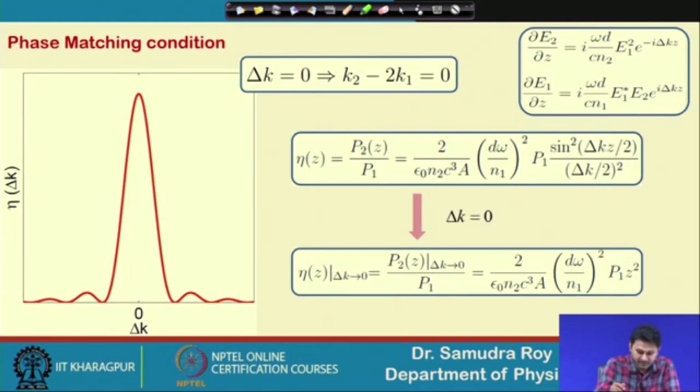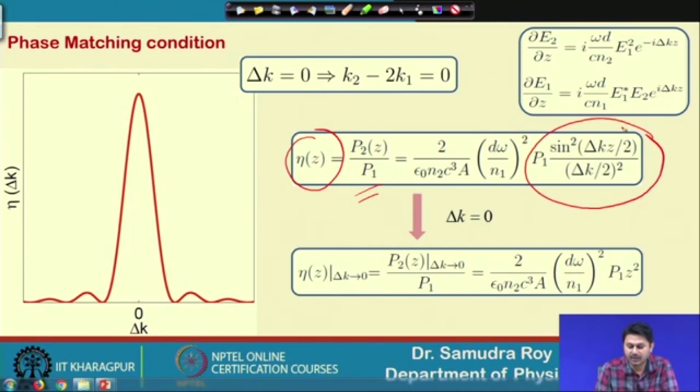This is basically efficiency defined by eta, which is the ratio of P2 by P1 I just mentioned in the previous slide, which has some value related to this. This is a constant quantity, so we should not bother about that, but this is the quantity which is very important, because the efficiency entirely depends on that.